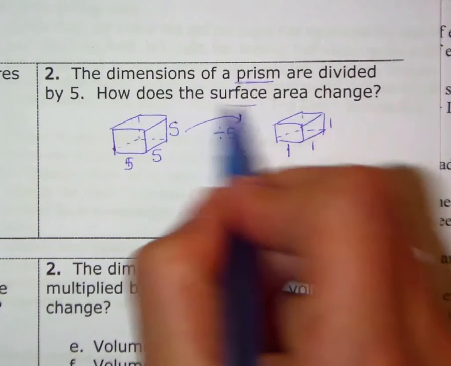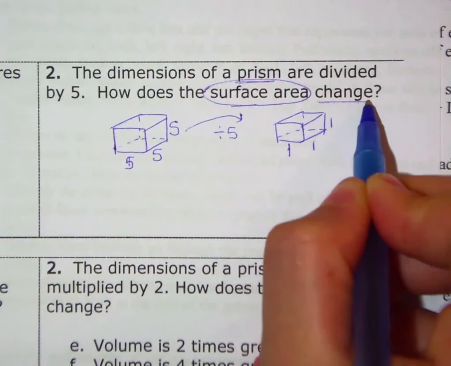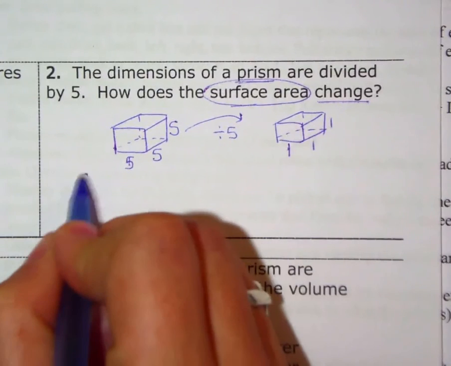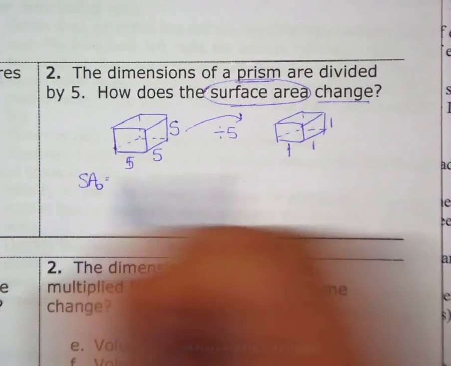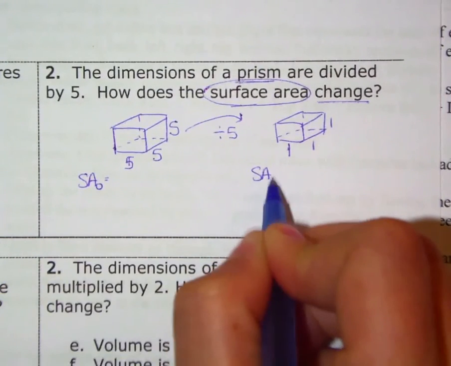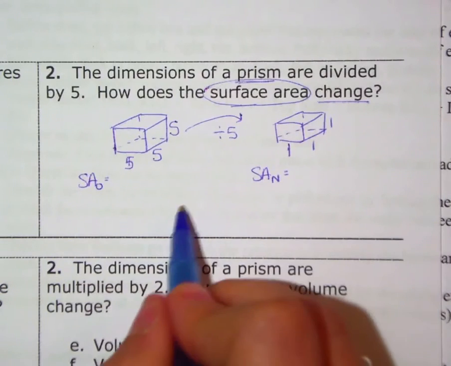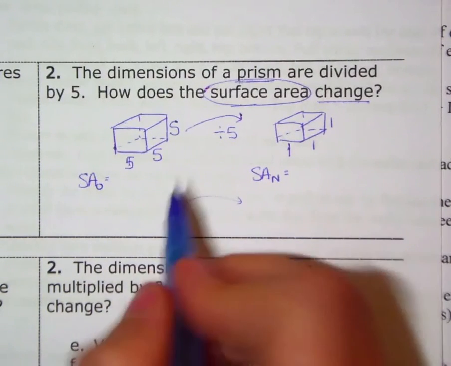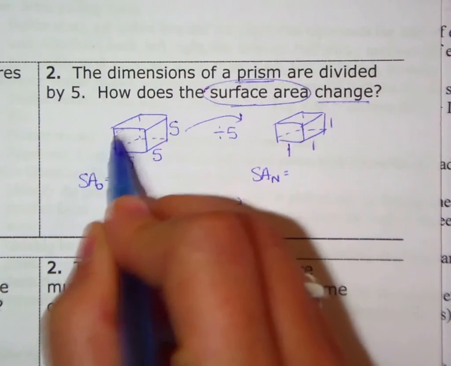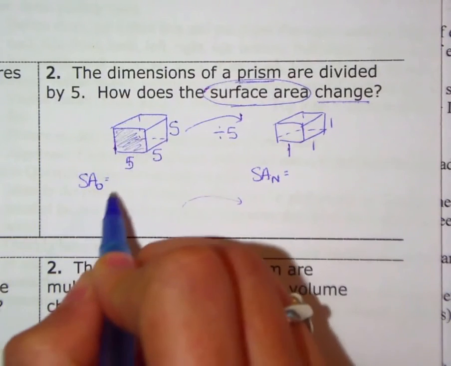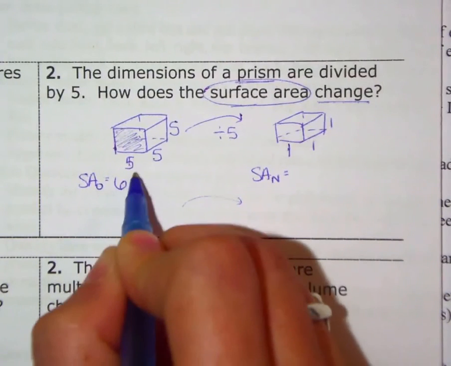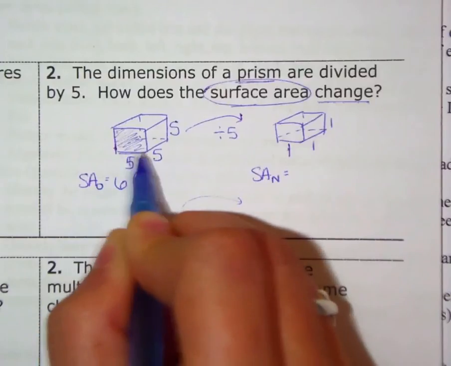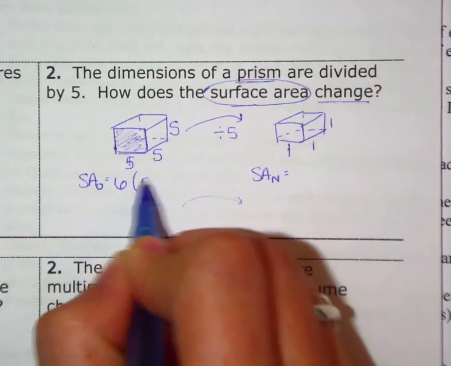Okay, how do the surface areas change? So we need to find the surface area of the original. We need to find the surface area of the new one and ask ourselves, how do we go from here to here? What's the scale factor? So again, this is a prism, so every face is congruent, and there are 6 of them, and they're all 5 by 5.